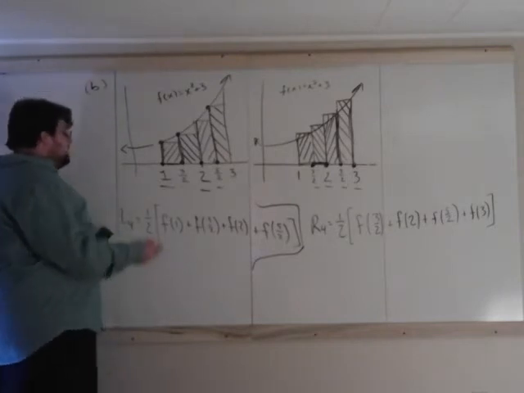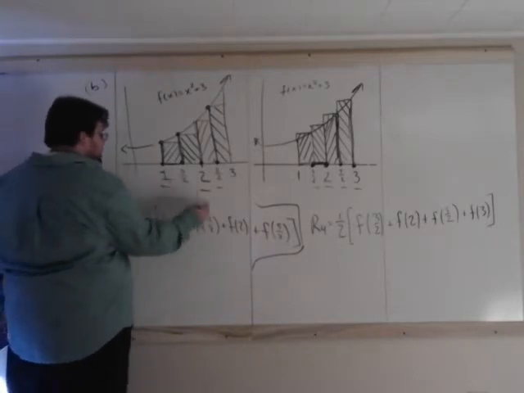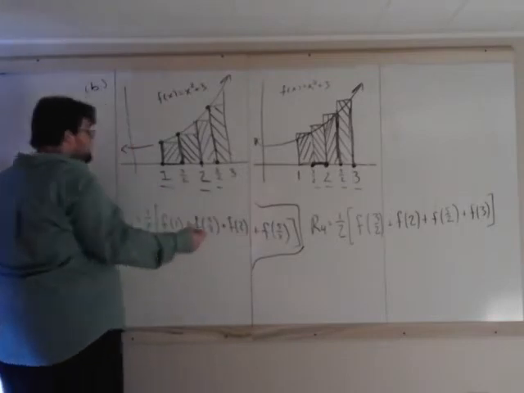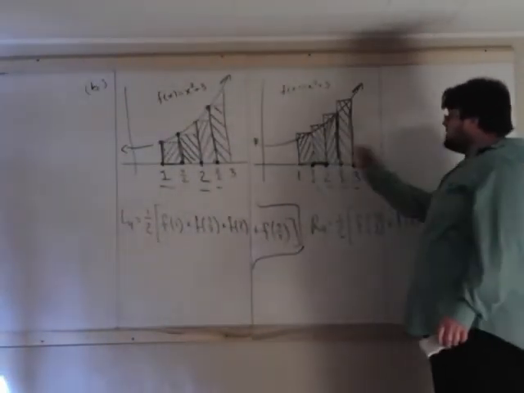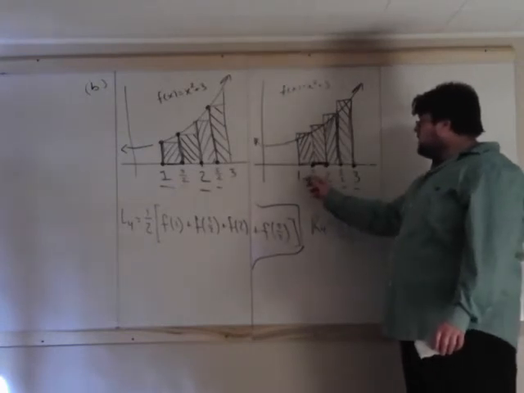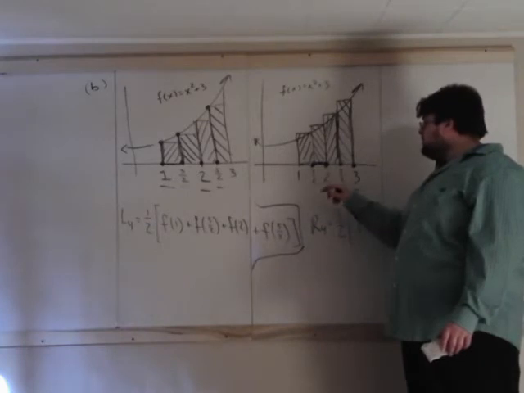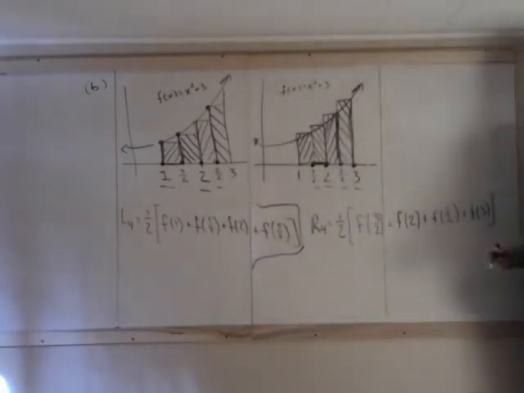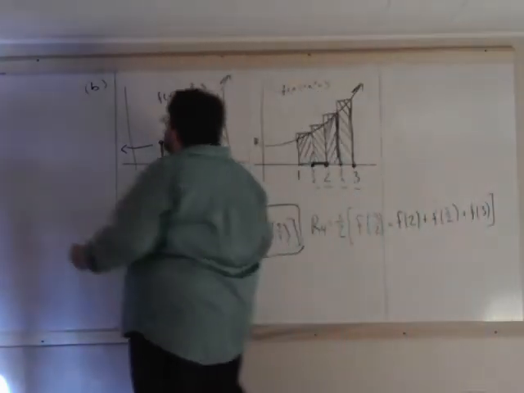And you can see that all we did was the function at the first one, plus the function at the second one, plus the function at the third one, plus the function at the fourth one to form the fourth rectangle. Over here, what we did instead, we jumped over this first one, and to find the heights, we just did f at this number, 3 halves, f at 2, f at 5 halves, and f at 3, and we added them all together.